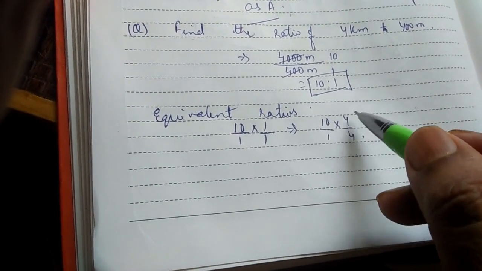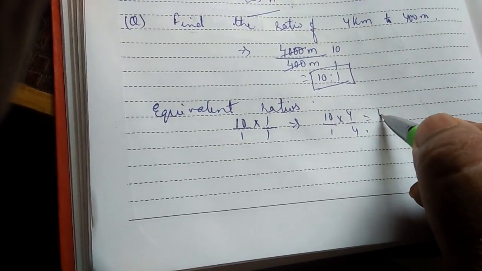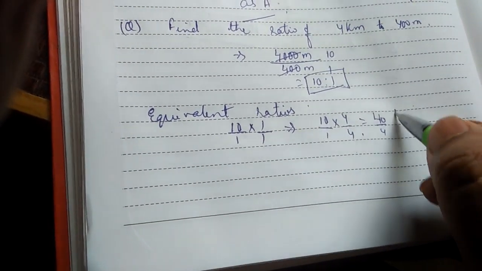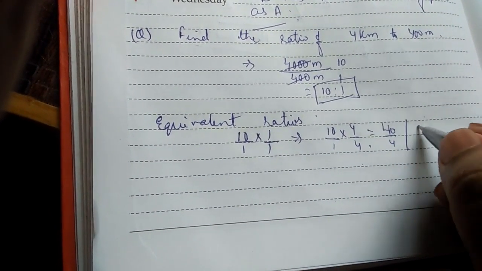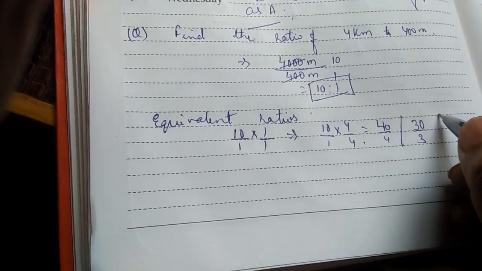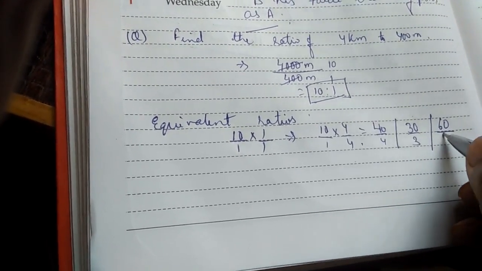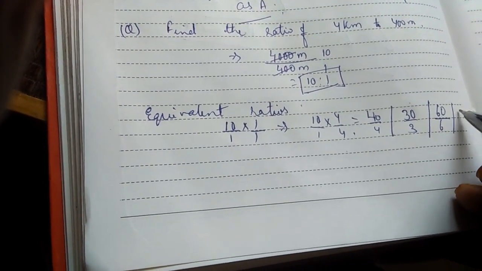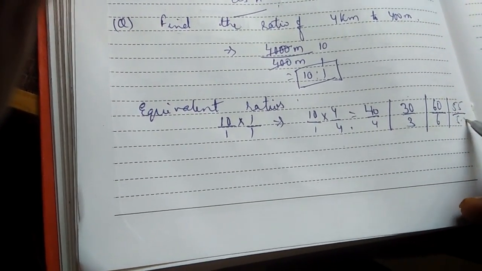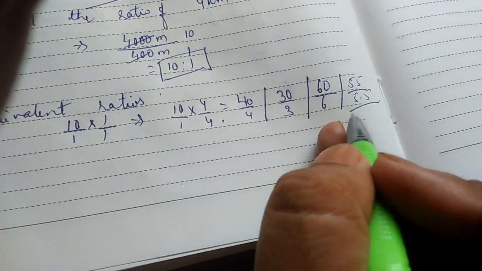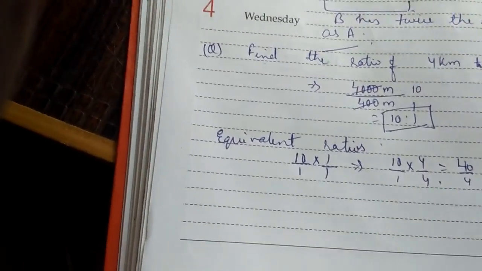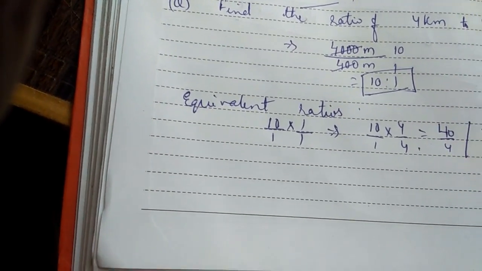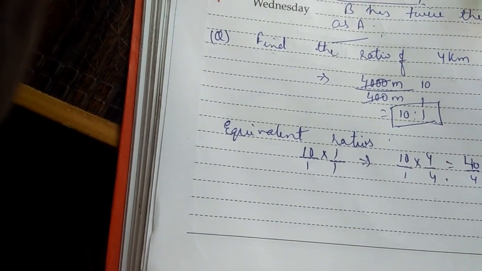This is multiplying it with 1 only. So this is 40 by 4. Okay. Similarly, multiplying with 3, that will be 30 by 3. Multiplying with 6, 60 by 6. Multiplying with, let's say, 5.5. This will become 55. This will become 5.5. Again the same thing. Alright. So this is simple enough. Okay.